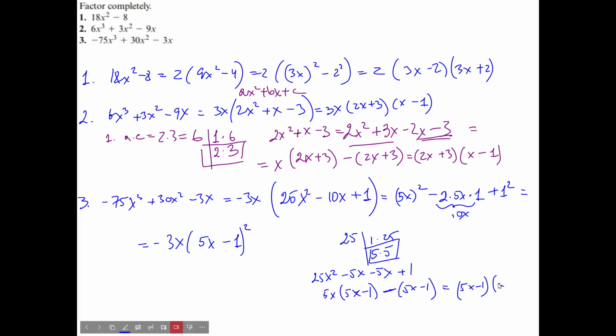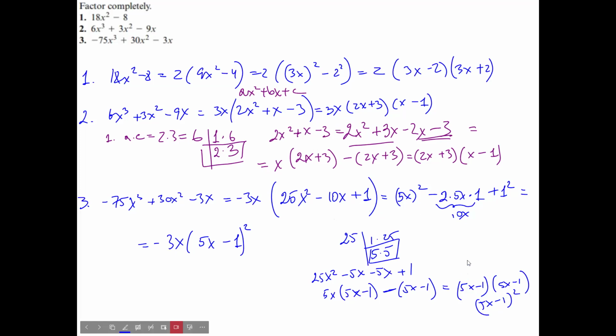Inside you have 5x minus 1, which is 5x minus 1 squared. Okay? So even if you don't see that formula, by going for that general, more universal procedure, you will come to the same result.